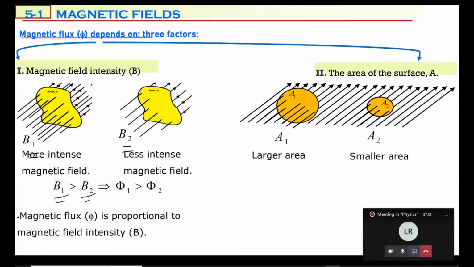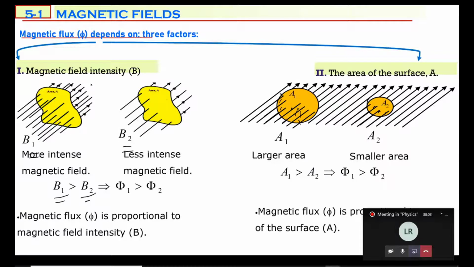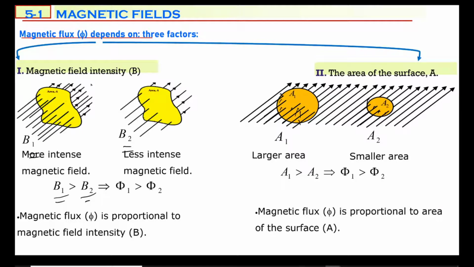Count them: A1 will have 1, 2, 3, 4, 5, 6, 7 lines, but A2 has 1, 2, 3, 4. Which means magnetic flux is also proportional to the area of the surface, as well as to magnetic field intensity.